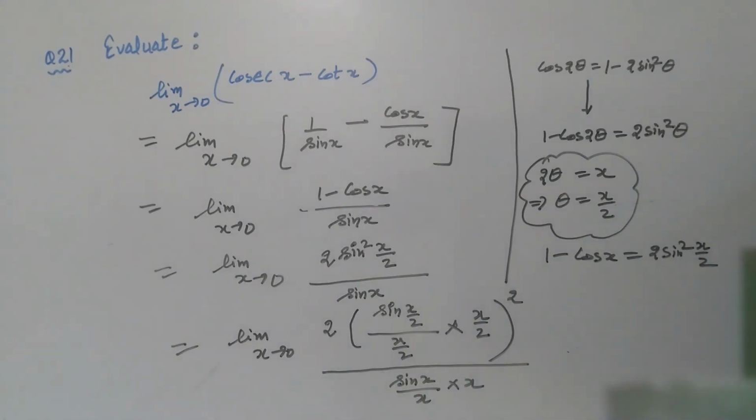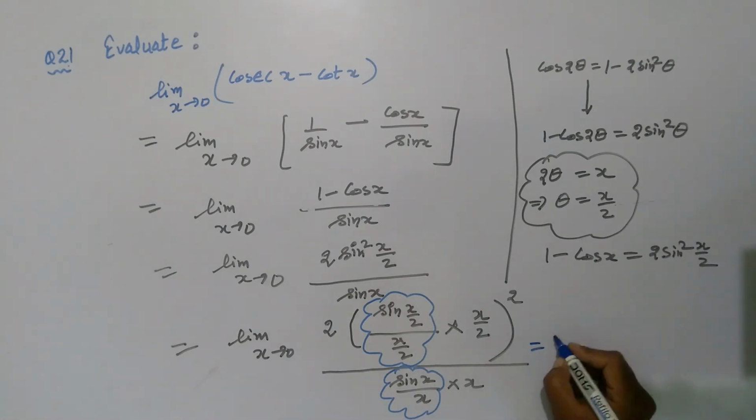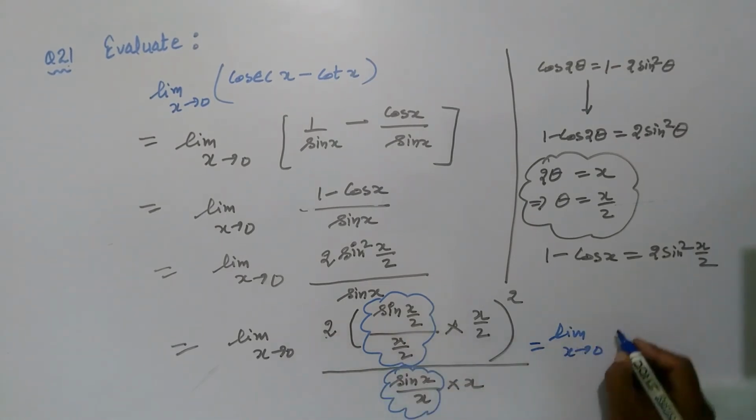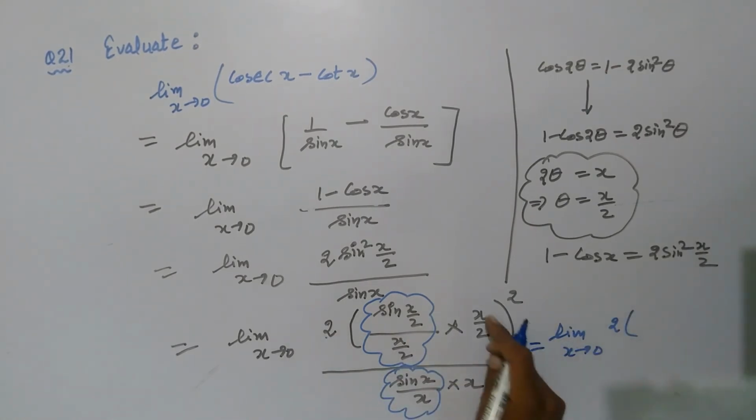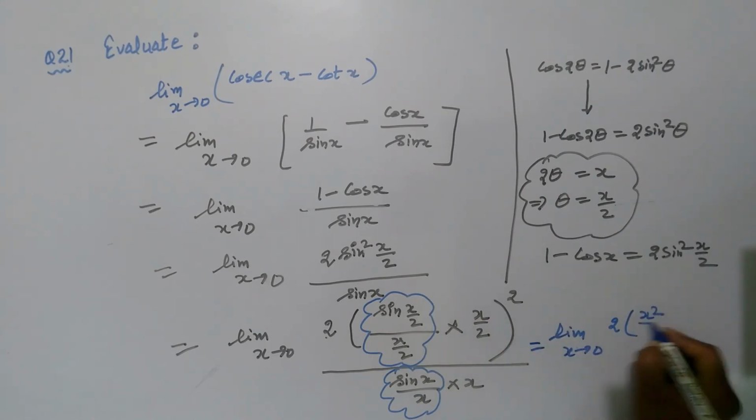By doing this, this becomes 1 and this becomes 1. So how we are writing now, this is equal to limit x approaches to 0, 2 is outside, so inside the bracket we have x square upon 4.